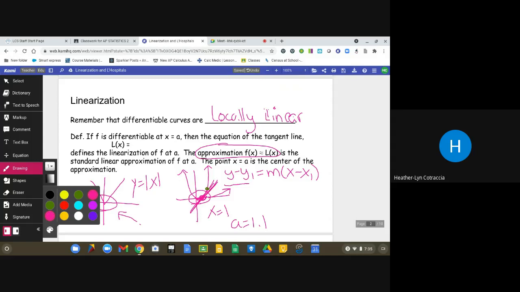So yes, the estimation point is on the line, but you're going to use that to approximate the real point that's on the curve, but maybe it's just not so nice to work with. Okay, and then they're going to ask you things like, is the point an underestimate or an overestimate? And a lot of times we'll just sketch a line to see what that is, or we'll know about its concavity. And I know we haven't talked about concavity yet, but eventually we will.